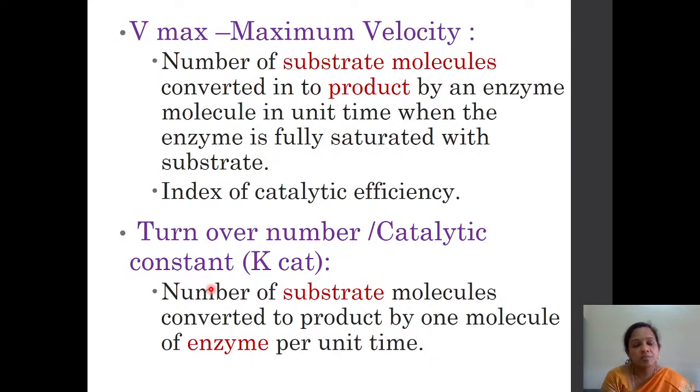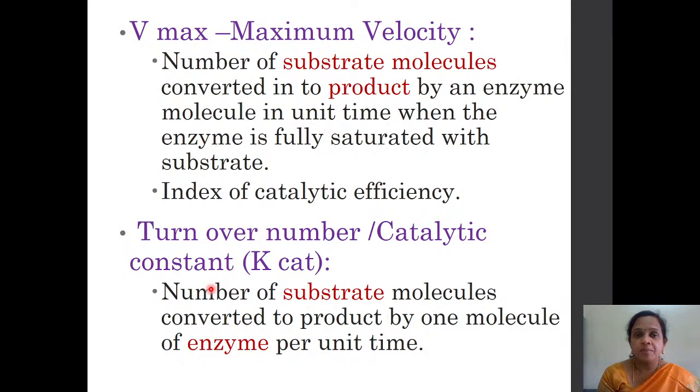Now, there is one more term called turnover number or catalytic constant or kcat. It is the number of substrate molecules converted to a product by one molecule of enzyme per unit time. So, multiple definitions are given to understand the activity of the enzyme. The activity of an enzyme can be represented as Km, but Km we usually use to represent the affinity of an enzyme.